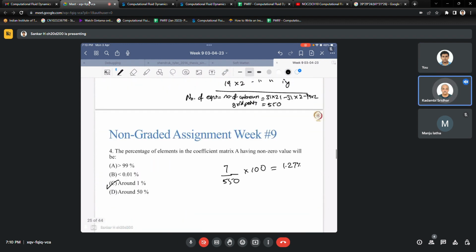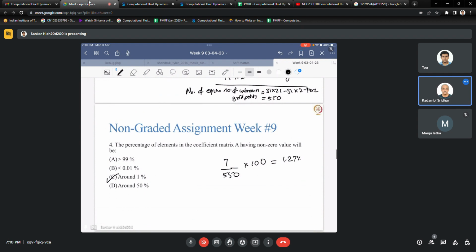So these are all the interior points, right? Or this is all non-boundary? Oh no, this is for a row which is considered as an interior point. A row that comes from an interior point will have a maximum of 7, and a row that does not have this will be around 3 by 550 into 100, which will be much lower than that.